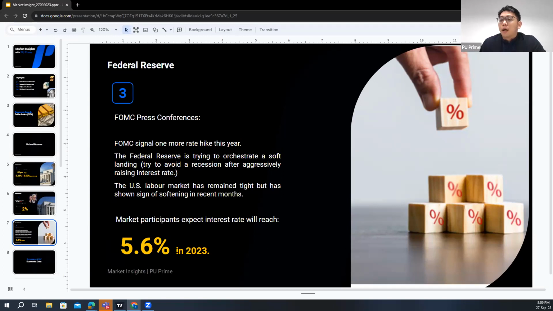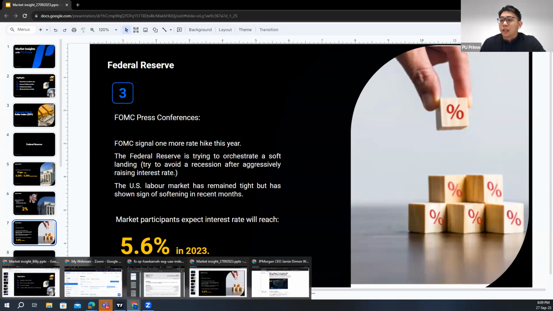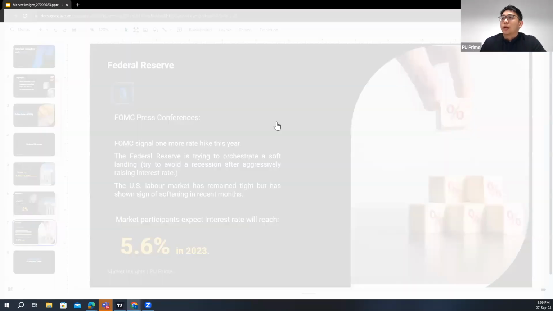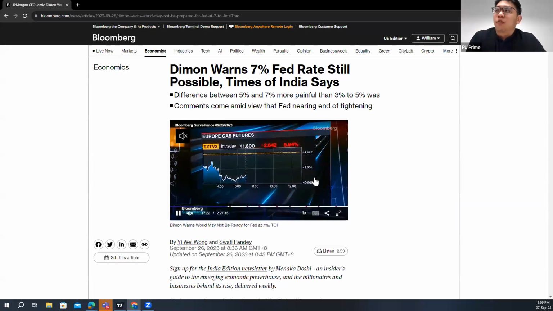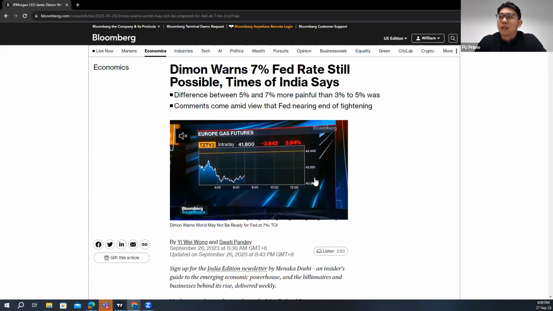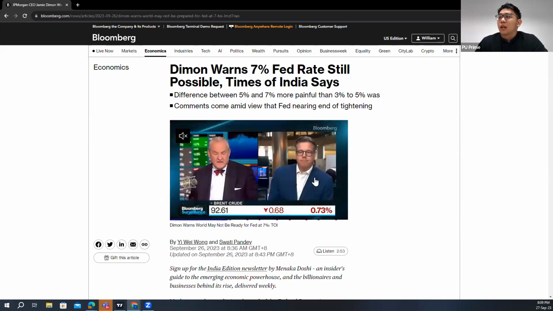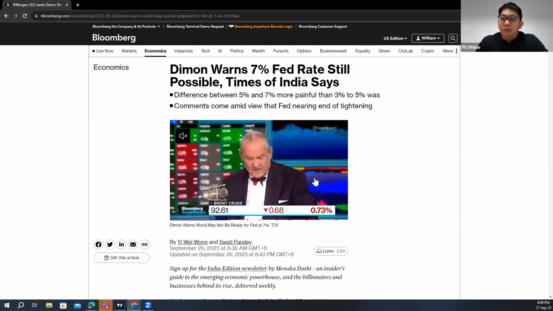But also bear in mind, there's news that came out this week from the CEO of JP Morgan, Jamie Dimon. This is what he said in an interview with the Times in India. He actually predicted that the Fed rates might go as high as 7%.